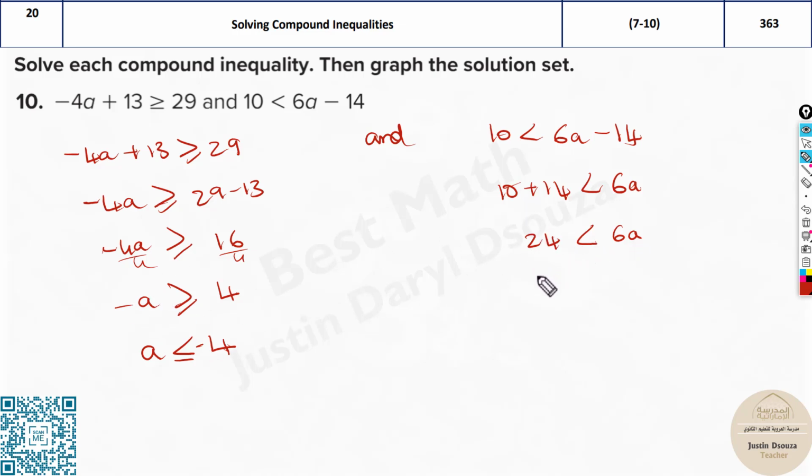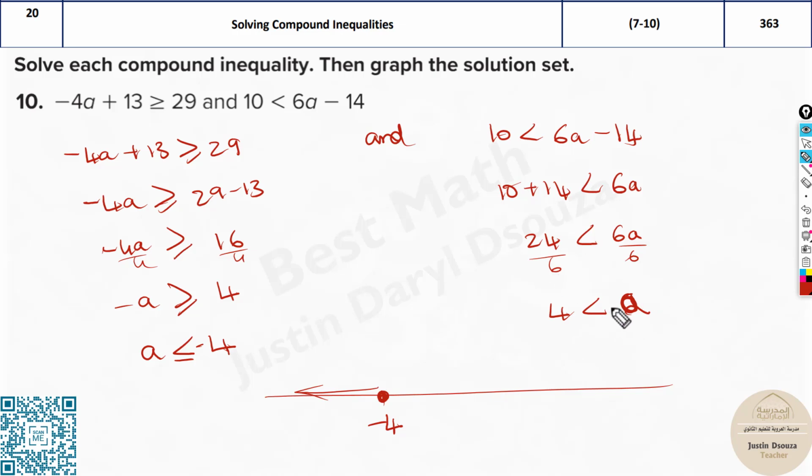Now, here you just have to divide by 6 throughout, and you will get 4 is greater than a. Sorry, a, not 6a. So here we got the solution. One, a is less than or equal to minus 4. So here it's minus 4, right? Less than or equal to. So it goes to the left.